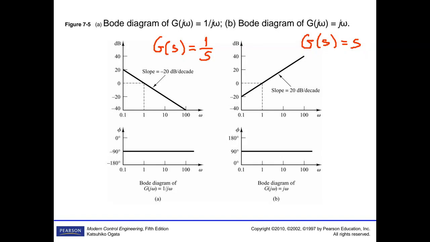And that point is important. Omega equal, in the horizontal axis is omega, and the vertical axis is decibel values of the logarithmic scale.